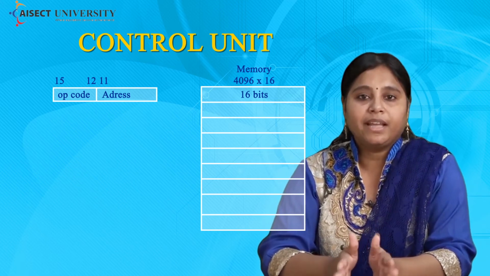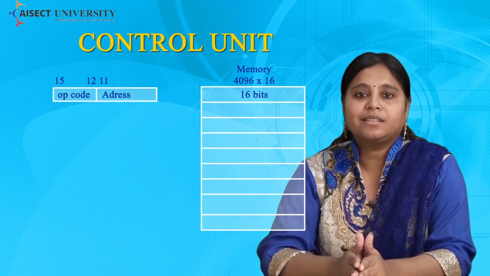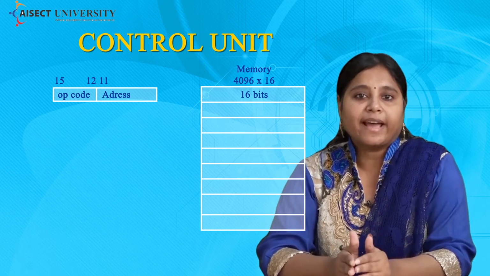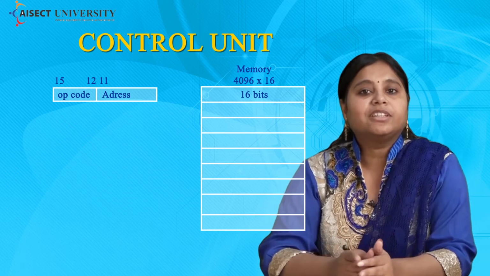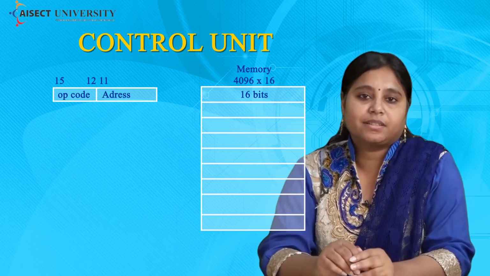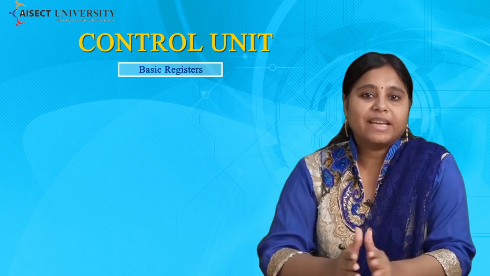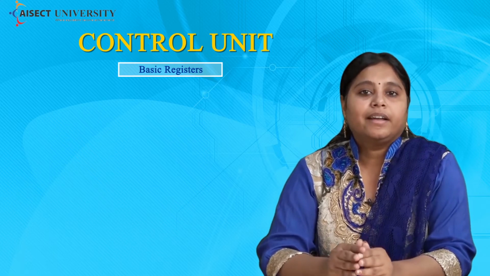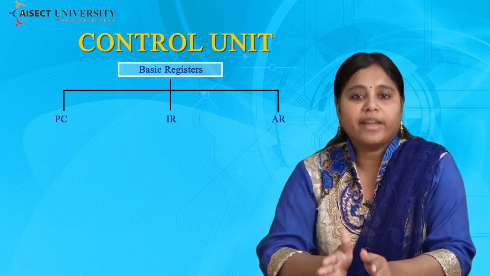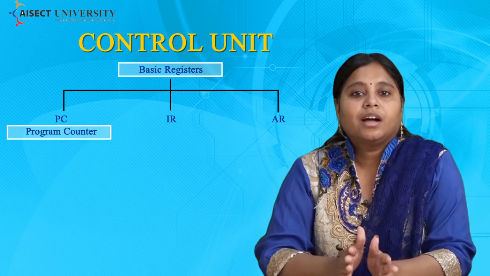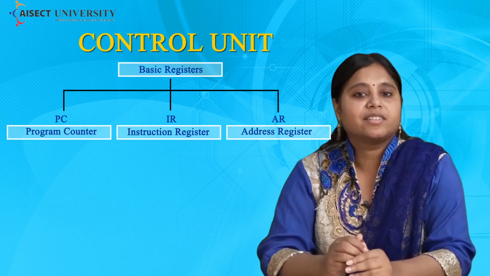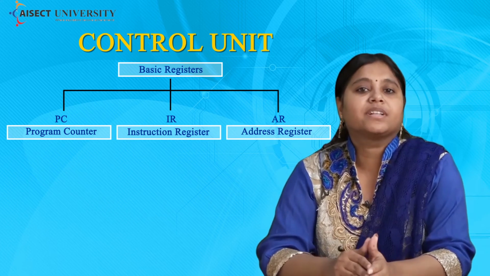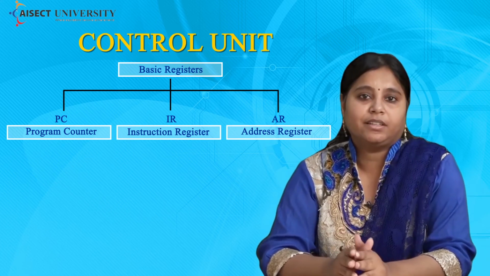That's why I am taking a small memory size: 4096 words total length, and a word length of 16 bits. The basic registers we need to execute any instruction are the program counter, instruction register, address register, and input and output registers.